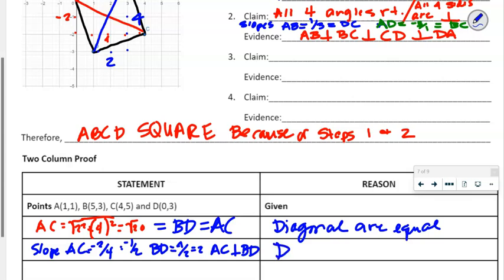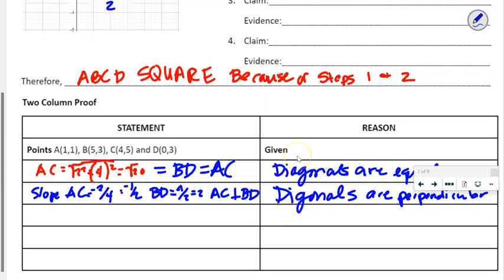So the diagonals, I should have said S up there, are perpendicular. Okay? So what does that mean? That means we can say this is a square. Why? Because of steps. Well, let's go ahead and count this. 1, 2, 3, 4, right? 1, 2, 3, 4.